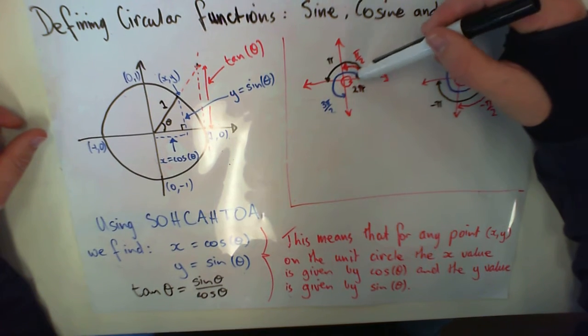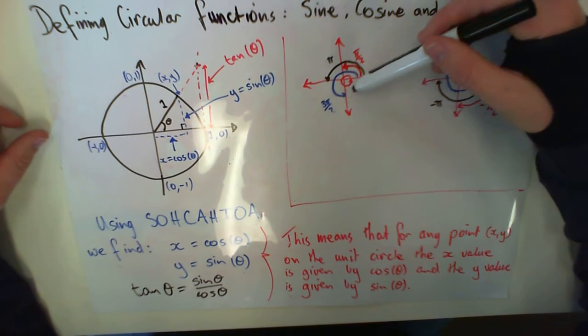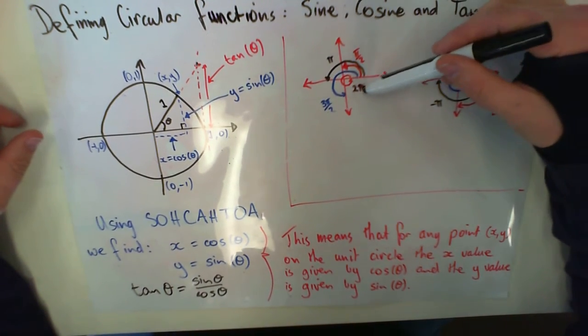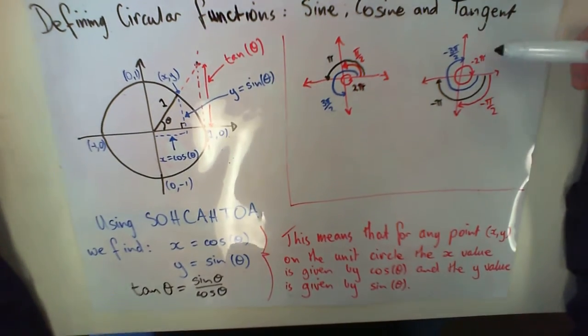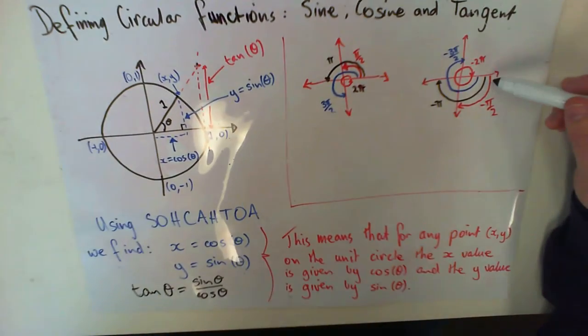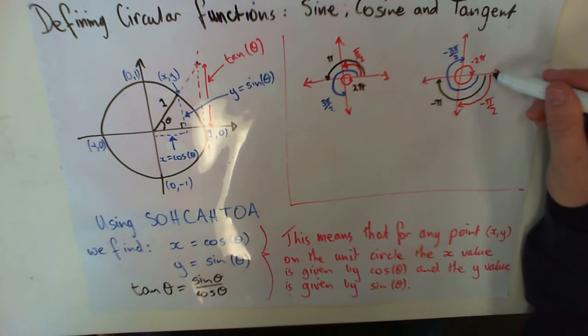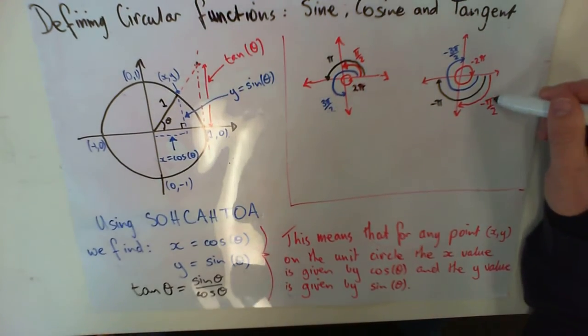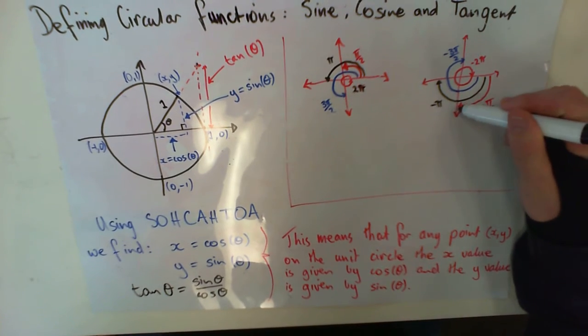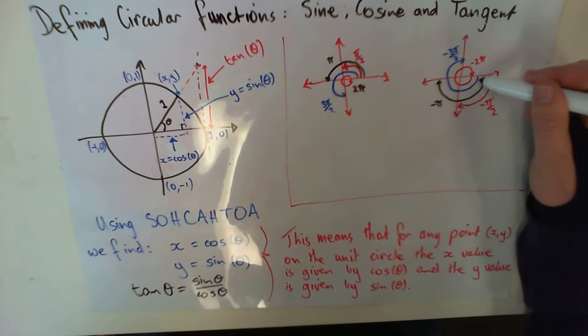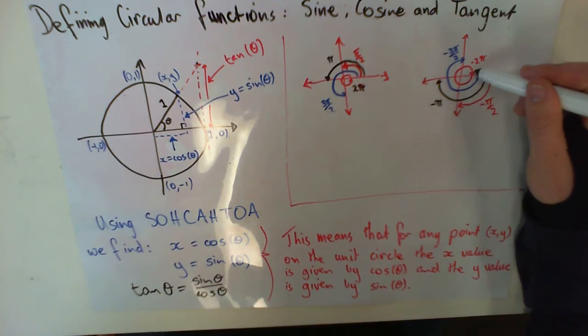Three-quarters of our circle gives us 3 pi on 2. If we go all the way around, it's 2 pi. And you'll see why this is important shortly. Again, we can go the other way, so we can look at negative angles. If we start at the positive x-axis but come clockwise, then this is negative pi on 2, negative pi, negative 3 pi on 2, and negative 2 pi.